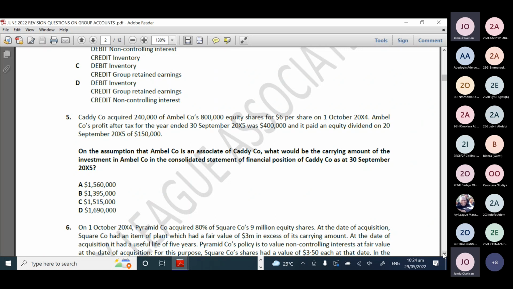Assuming there are two subsidiaries, one has NCI of 20%, the other one has NCI of 30%, and the parent owns both of them. We are preparing consolidated financial statements from the perspective of the parent, not from the perspective of any of those two subsidiaries. If the one that has NCI of 30% is the seller that makes the unrealized profit, right?